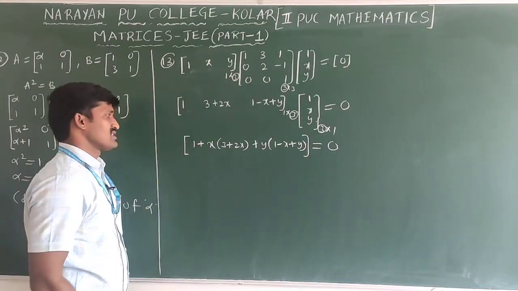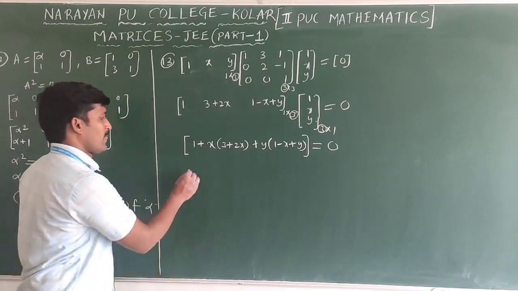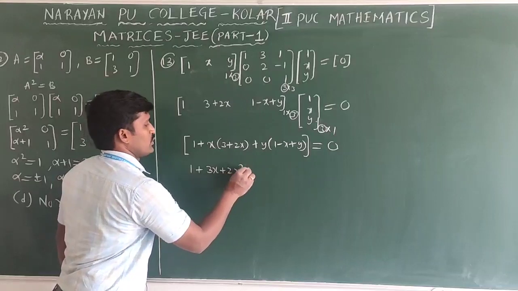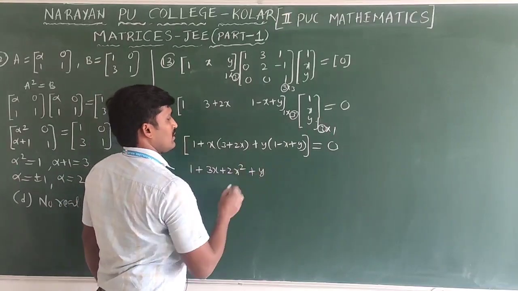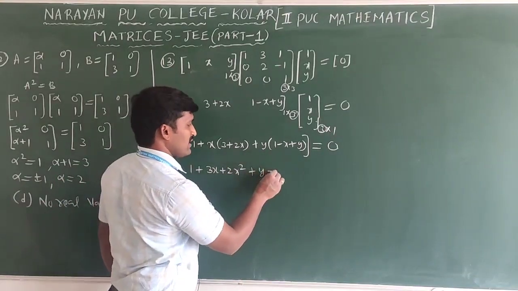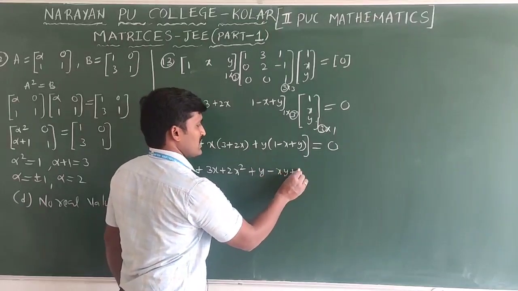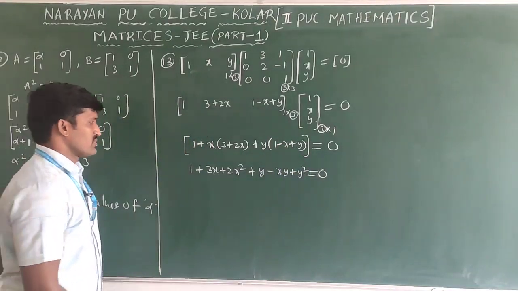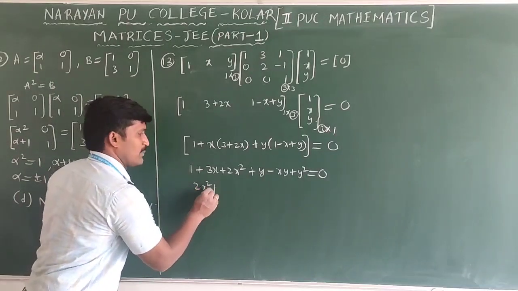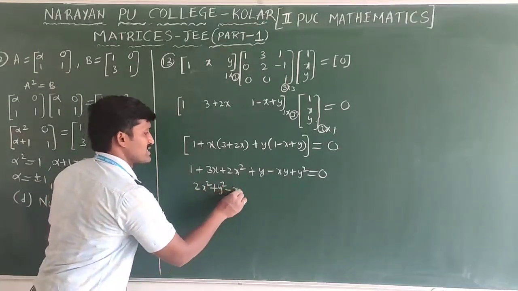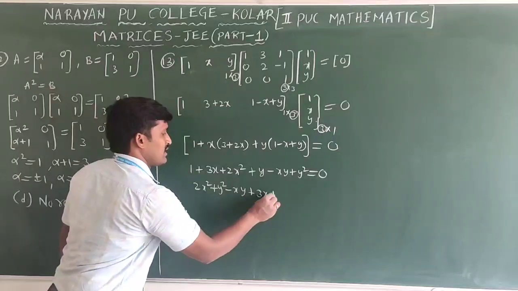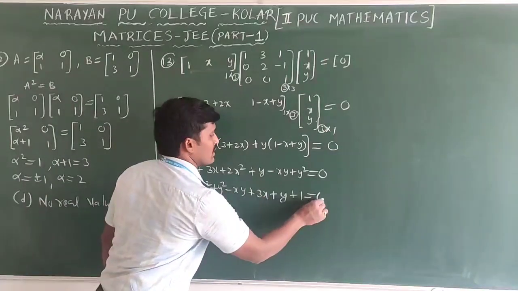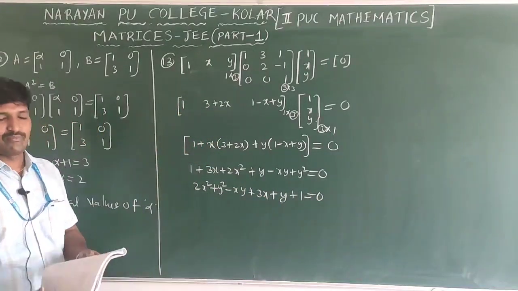Single element, I can compare, no problem. 1 plus 3x plus 2x square plus y minus xy plus y square equal to 0. From this you can write in order: 2x square plus y square minus xy plus 3x plus y plus 1 equal to 0. This is the equation given.